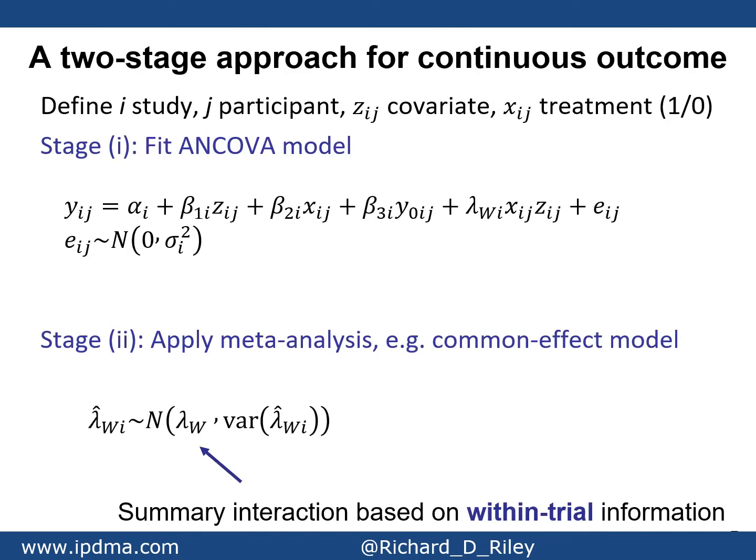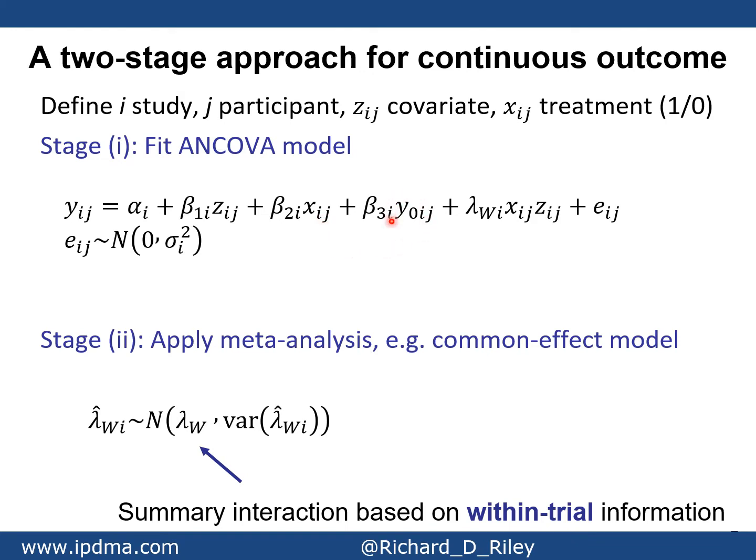So a little bit of maths just to put this into context. For a continuous outcome, what a two-stage approach means is that we'd fit a linear regression model in the first stage, where we'd model the continuous outcome like blood pressure, and we'd account for the prognostic effect of a covariate of interest Z. We'd account for the treatment effect, X is the treatment here.